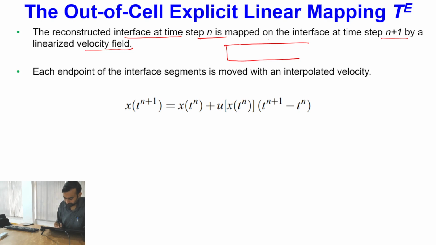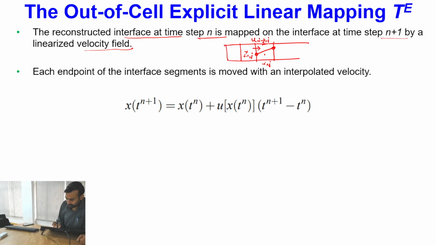Say this is my interface. This particular line segment has how many endpoints? 2 endpoints. Now, if you consider that this is your cell i comma j, because we are working in 2 dimensions, then for cell i, j I must know the velocity at point i minus 1 by 2 comma j, because this point will be i minus 1 by 2 comma j.